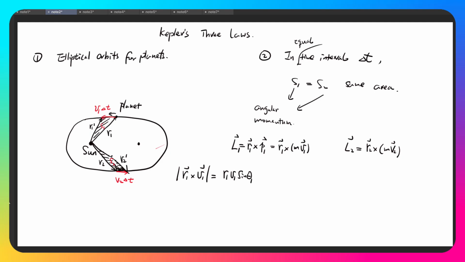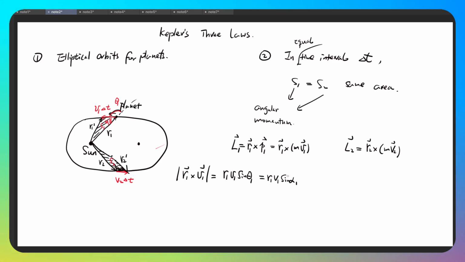So let's draw that in the diagram. If I extend R1, then that's the angle theta 1. Now sine theta 1 equals sine of this internal angle. Let's call this alpha 1. So we can write down R1 v1 sine alpha 1.